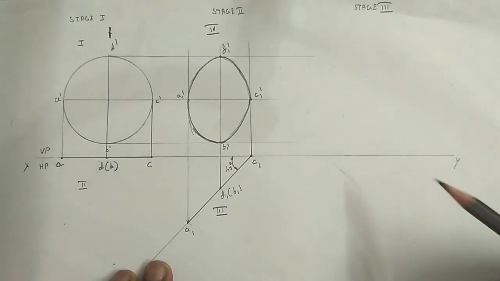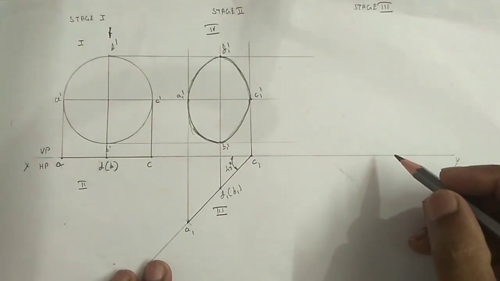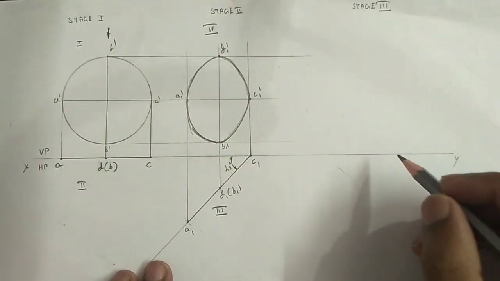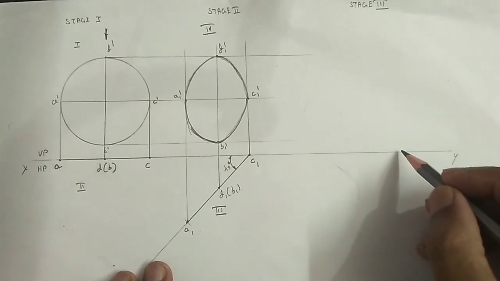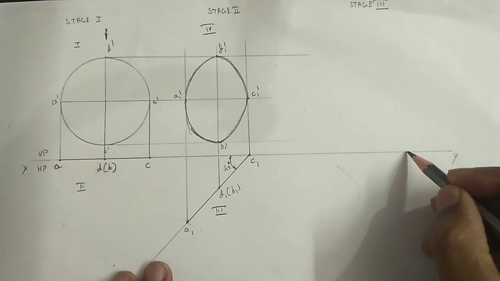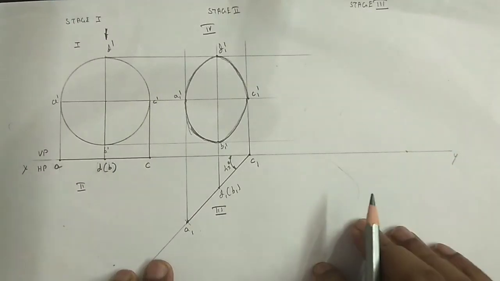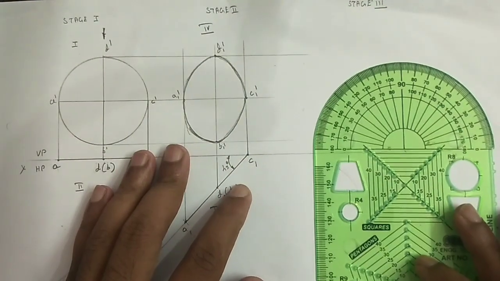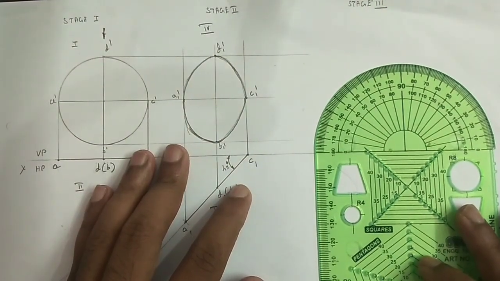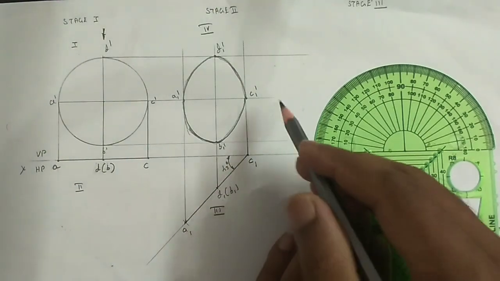Okay, so for that we are going to draw one line at an angle of 30 degree. So first I am going to mark the point here. In this point I am going to place the protractor and take an angle of 30 degree at this side, on the left side.